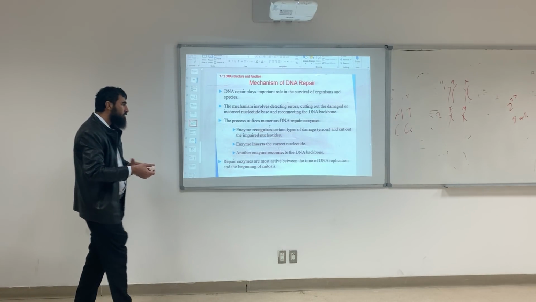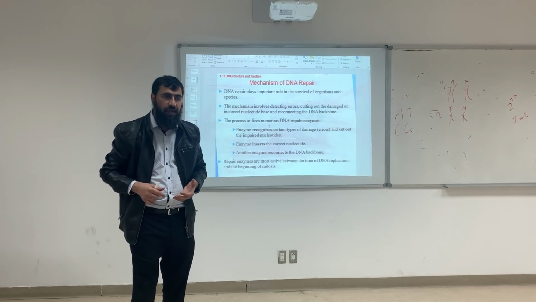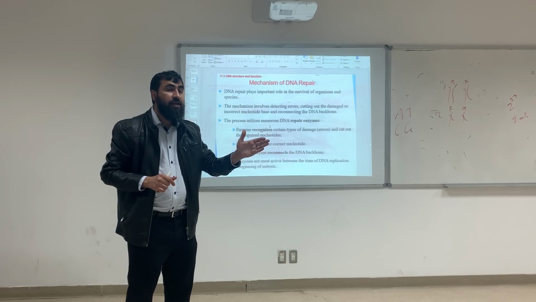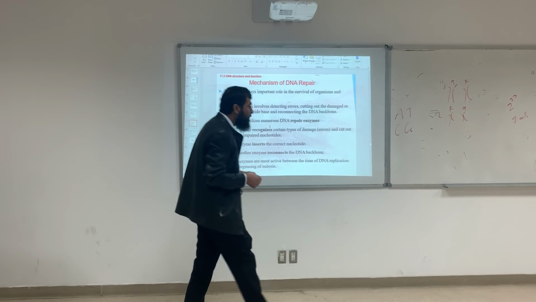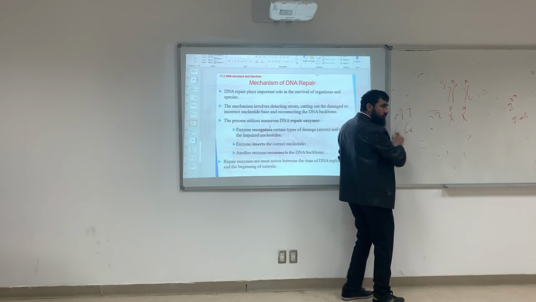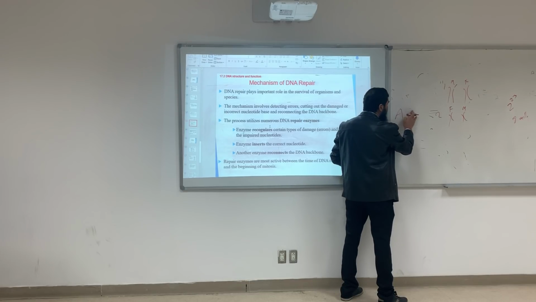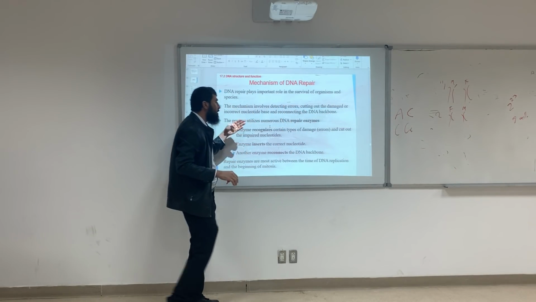So if a cell detects that in the cell cycle it has some sort of a mistake in the base pair that is added, because remember, we have complementary base pairs. So if one of the base pairs is wrong, it can use the template to correct it, okay? So for example, if here by accident it puts C, there are proofreading enzymes, okay?